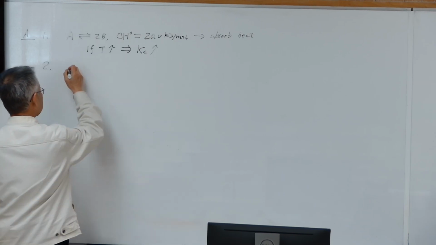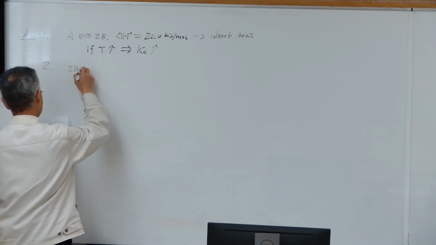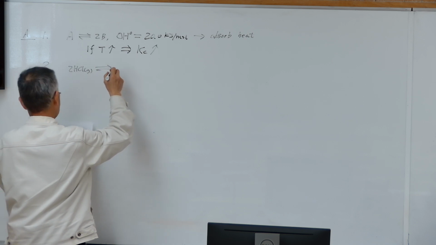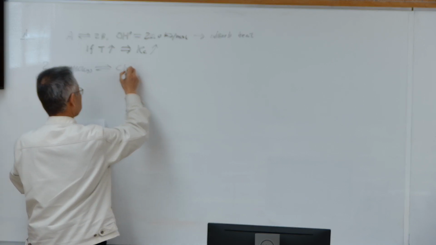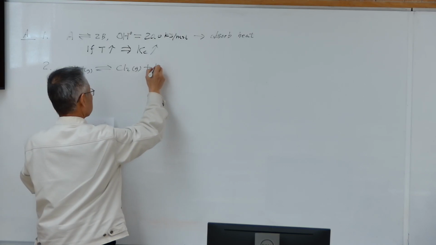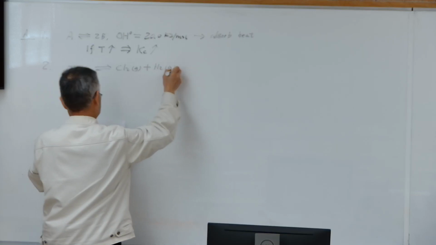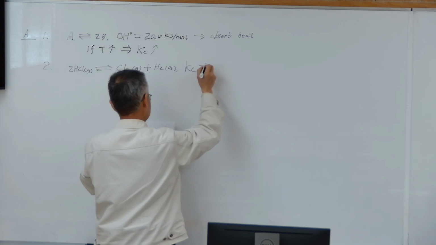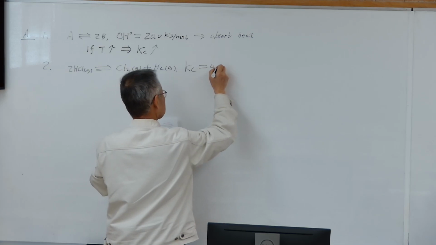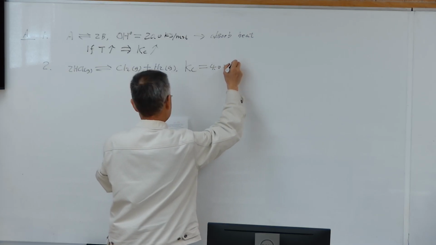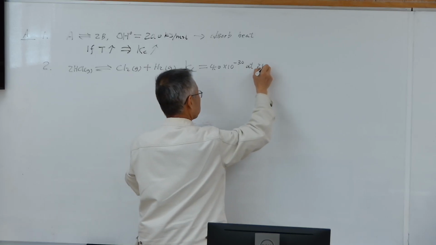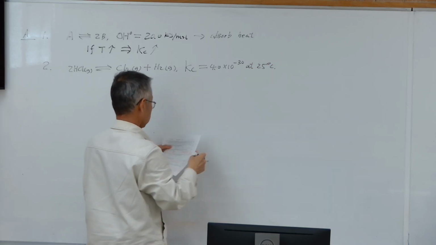For the reaction of 2 HCl breaking down into Cl2 and H2, the equilibrium constant Kc is 4 times 10 to the negative 30 power at 25 degrees Celsius.